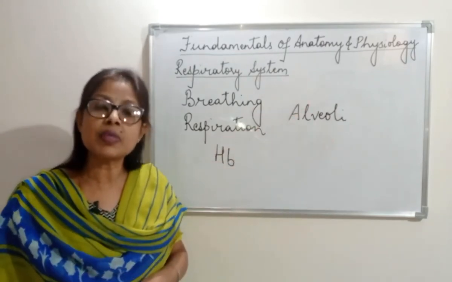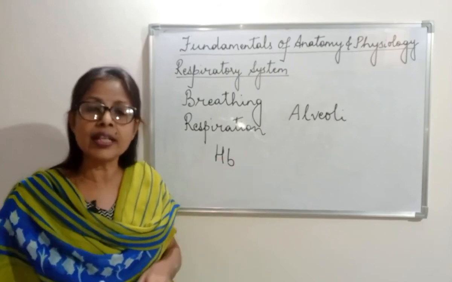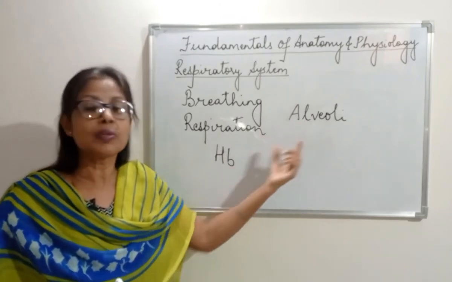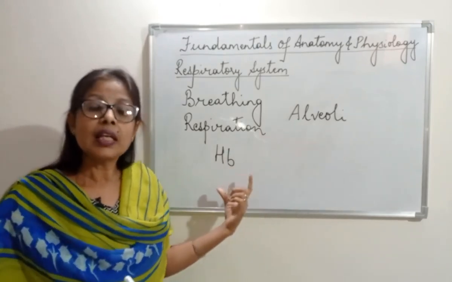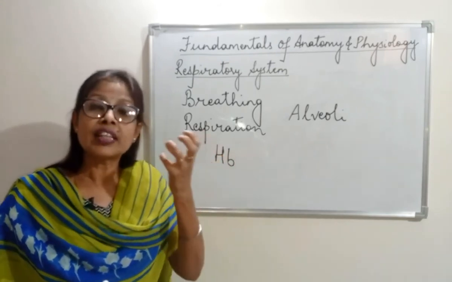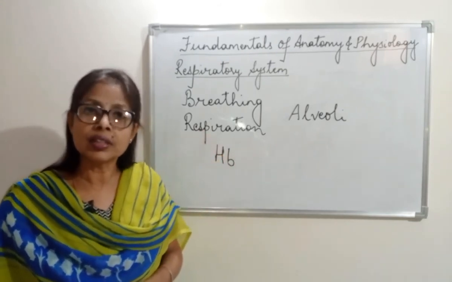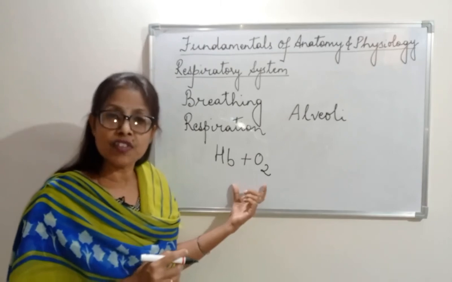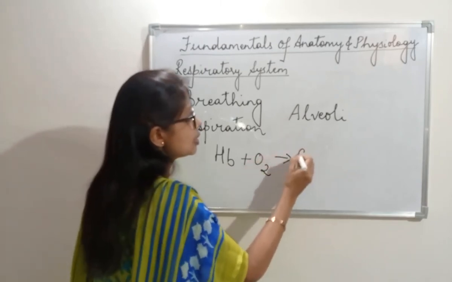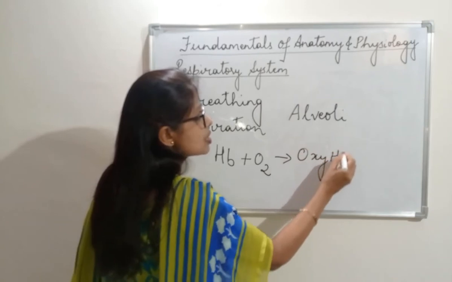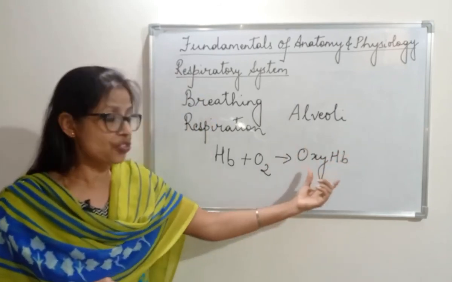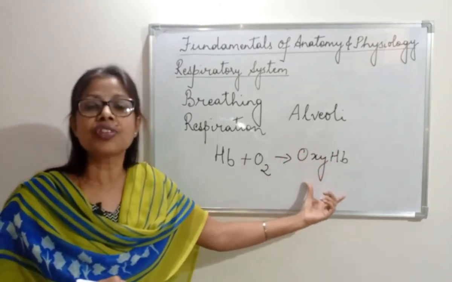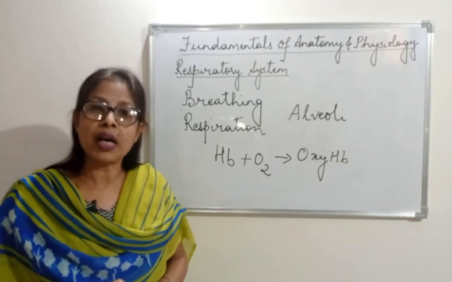But when the level becomes the same in the lungs and outside the lungs, the hemoglobin in the blood combines with the oxygen because it has affinity. The hemoglobin loves, or is attracted towards, the oxygen. And when this hemoglobin has the affinity to oxygen, it forms a substance called oxyhemoglobin, which is oxygen-rich blood, and this oxygen-rich blood is supplied to all parts of the body.